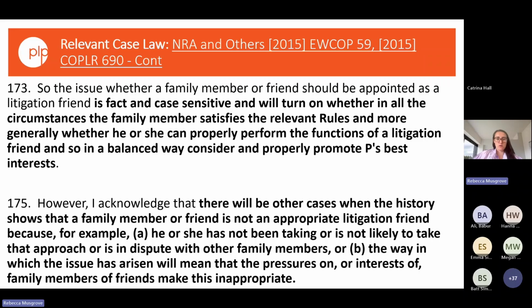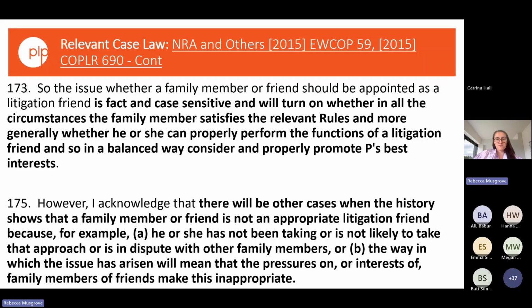And I think it's that judgment call that we all have as professionals as to, do we think this person can really act independently in P's best interest? I think as a blanket rule, it's going to be fairly obvious that if there are cases that have a significant degree of complexity, I think sometimes the way to sell this is actually it's far better for the official solicitor to represent their family member, and then they can have their own voice and they don't have to filter their views, and they can say whatever they want to say, whatever they disagree with, in whatever terms they want to say it.